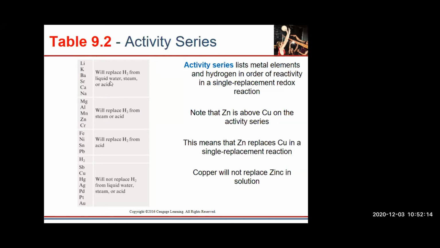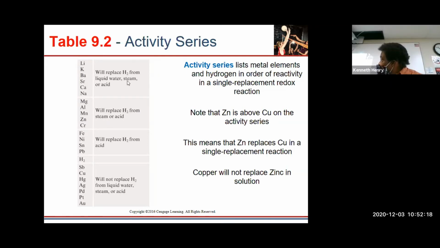It says they will replace H2 from liquid water, steam, and acid. So in that case, these metals can replace the hydrogen in HCl or in water or in steam, right?